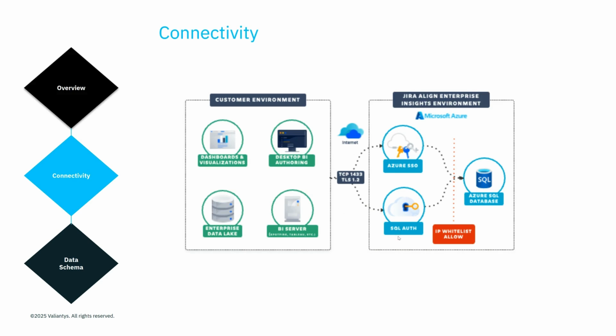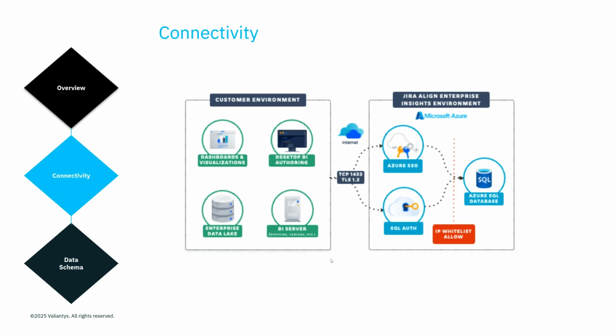And really important, anyone who needs to access Enterprise Insights will need their office or home office IP address whitelisted. And this can now be done in the Jira Align admin UI, which is really cool. And Enterprise Insights also supports Microsoft Entra authentication, and it supports standard SQL accounts, usernames, and passwords that can be provided via an Atlassian support ticket.